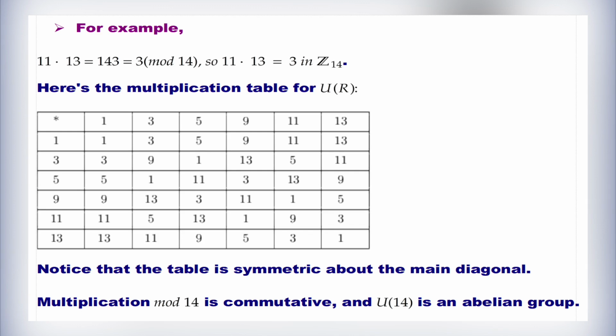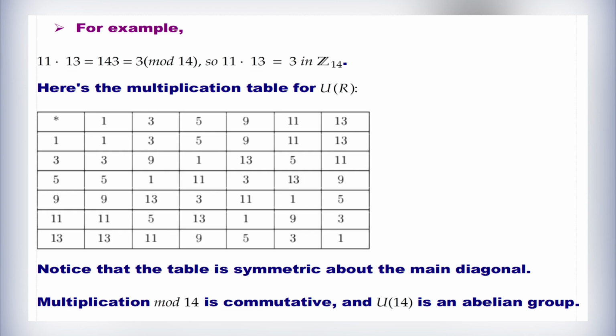Next, 3 star 1 is 3, 3 star 3 is 9, 3 star 5 is 15. When we divide it by 14, the remainder is 1. So, the answer is 1. Now, 3 star 9 is 27. When we divide it by 14, the remainder is 13. So, the answer is 13.